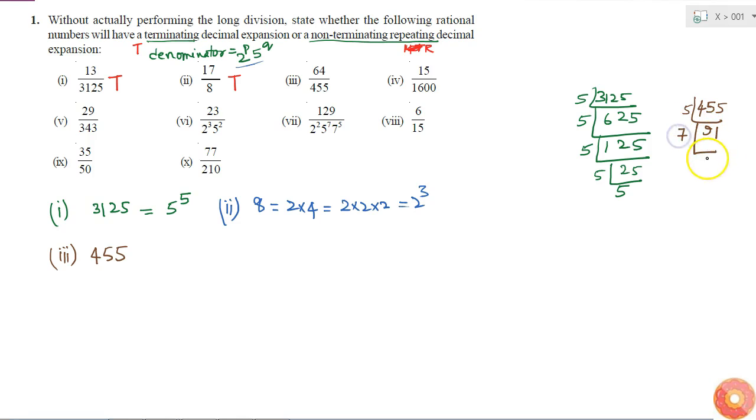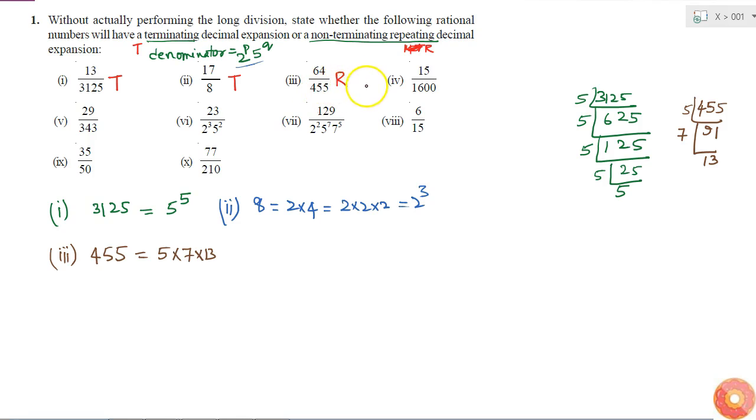So 7 into 13, correct? 455 is equal to 5 into 7 into 13. Here it has the prime factors 7 and 13. Therefore, this is not of this form, 2 power p into 5 power q. Therefore, this fraction cannot have a terminating decimal expansion. It will have a non-terminating repeating decimal expansion.